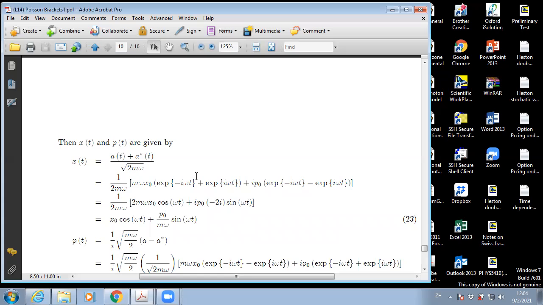So that's the purpose of this example. Any questions about this example?